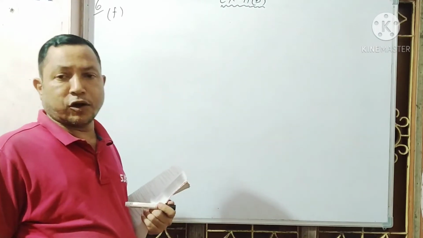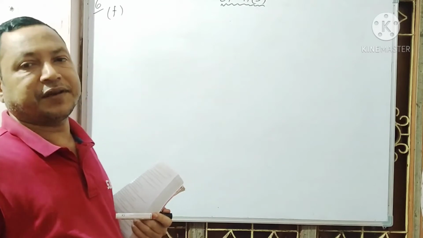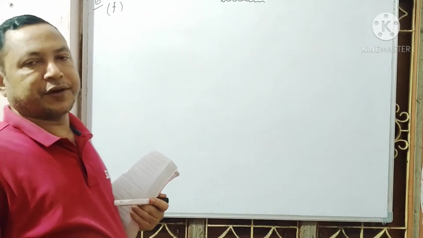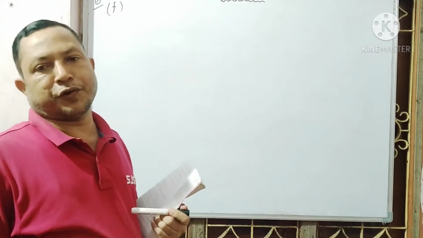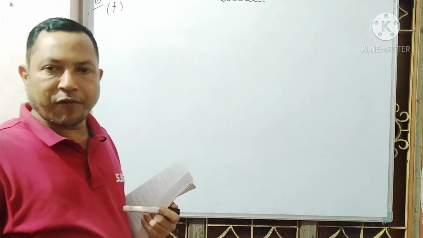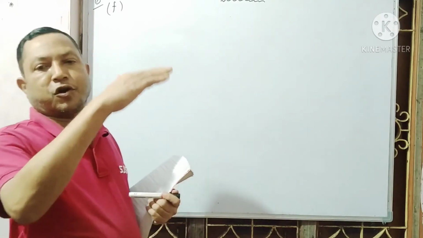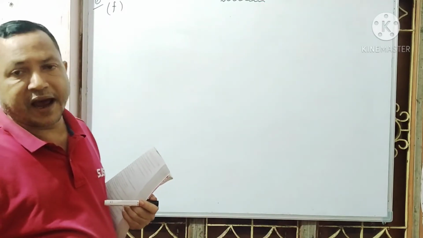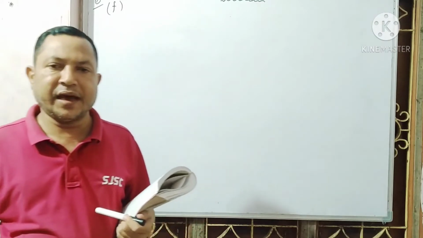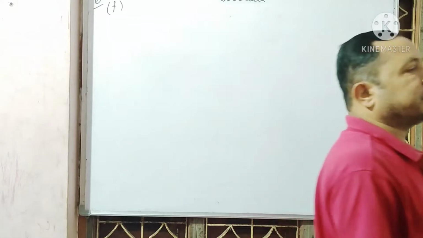Then intercept form, in which the x-intercept and the y-intercept are given and the equation is calculated as x by a plus y by b is equal to 1. And then the normal form. In normal form, a normal is drawn from the origin to the straight line and the length of the normal, p, is given, and the angle the normal makes with the x-axis, that is alpha, is given.